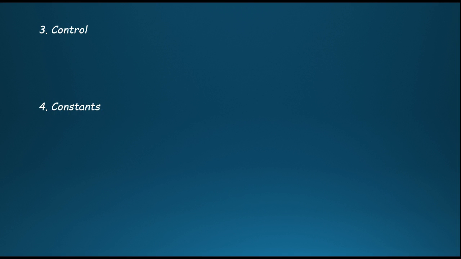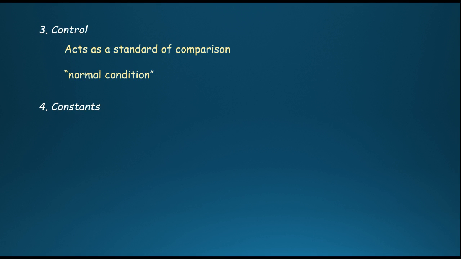Another part of a controlled experiment is the actual control. So the control acts as a standard of comparison. It's basically the normal condition. It doesn't change. You need something to compare your variable to, otherwise you won't know if that experiment actually worked. We also have constants.